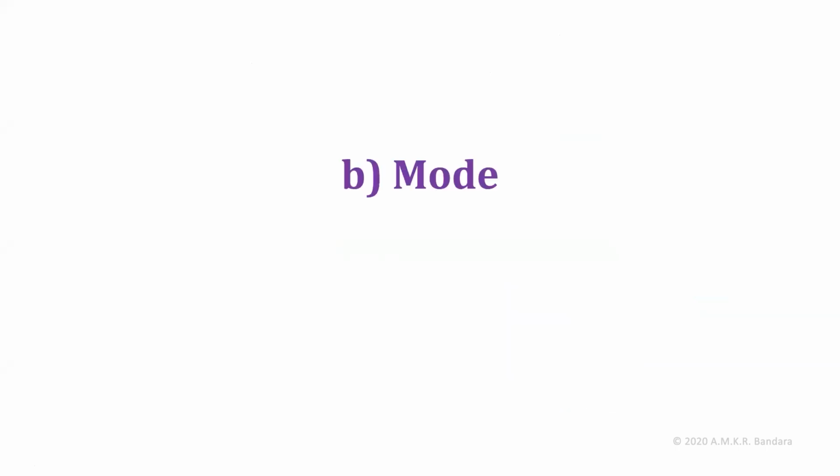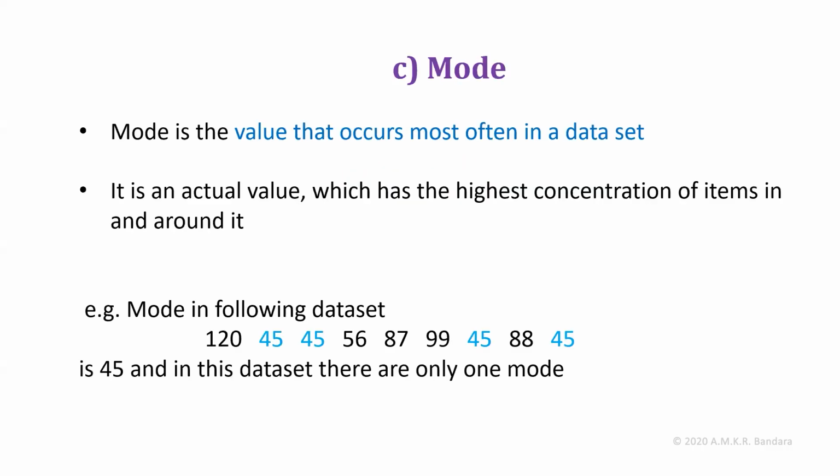Then the next measure is the mode. The mode is the value that occurs most often in the data set, the most common value. In this data set, you can see 45 occurs 4 times, so that is the most commonly occurring value.